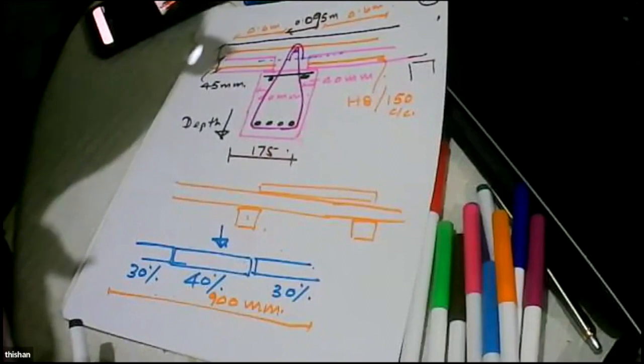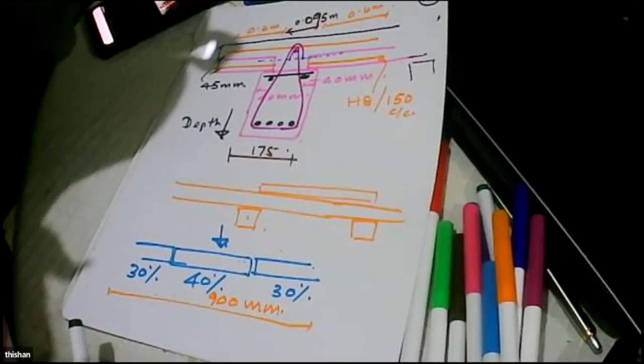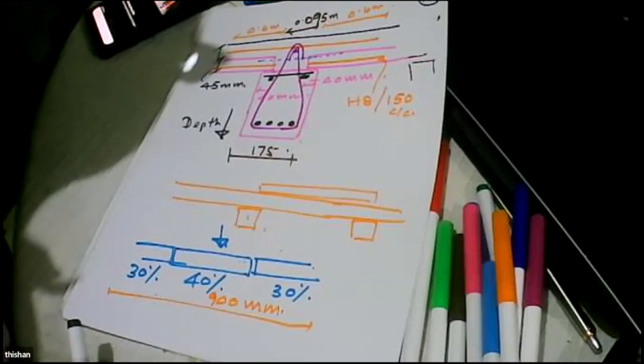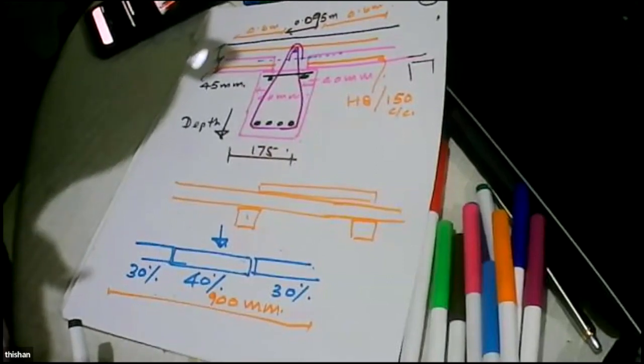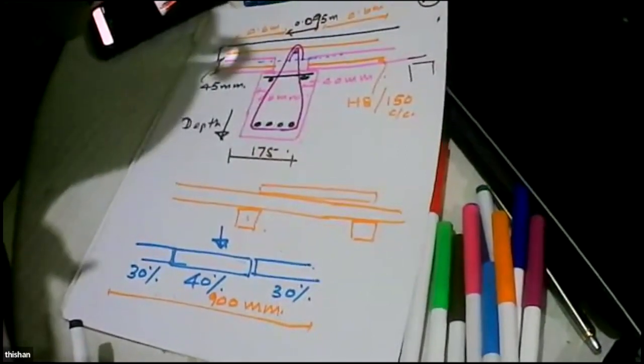Mathematically the whole system is on props as long as we are casting. So without a huge error, we can reasonably assume that everything is cast monolithically and design the reinforcement accordingly. Is that clear? Yeah, that is clear, sir.